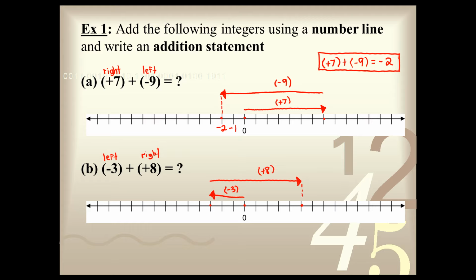So that's going to be straight down here. And if we count this on the number line, we've got positive 1, positive 2, positive 3, positive 4, positive 5. If you rewrite the addition statement out, it'd be negative 3 plus positive 8 is equal to positive 5.